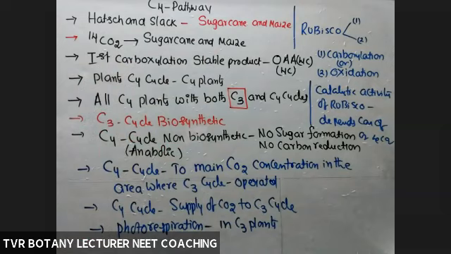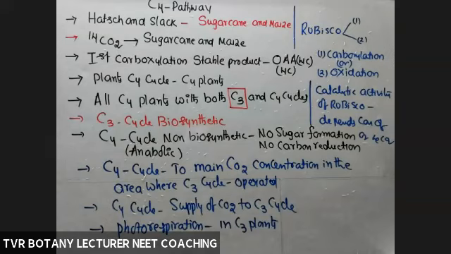To maintain a concentration gradient, with a higher concentration of CO2 in the area where the C3 cycle operates, to prevent the C3 cycle from falling into photorespiration. By means of the C4 cycle, C4 plants are able to reduce photorespiration. So photorespiration is absent in C4 plants. The reason: the C4 cycle is able to maintain the required concentration of CO2 in the area where the C3 cycle operates.